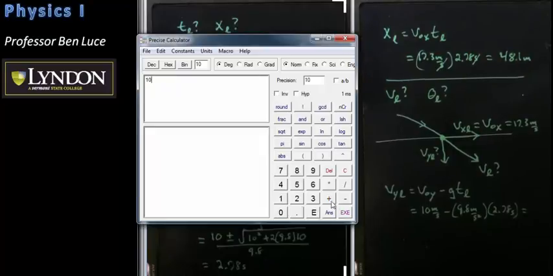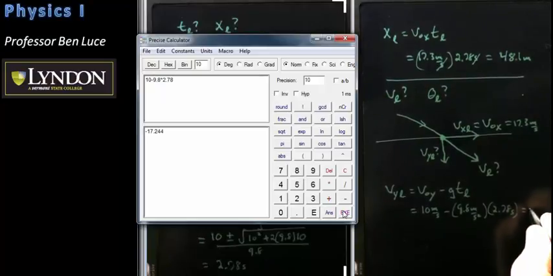And so we obtain 10 minus 9.8 times 2.78, and we obtain a minus 17.2 meters per second.